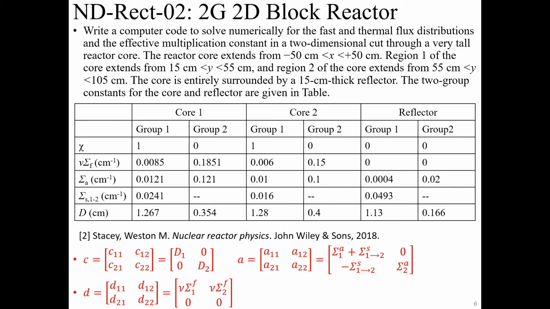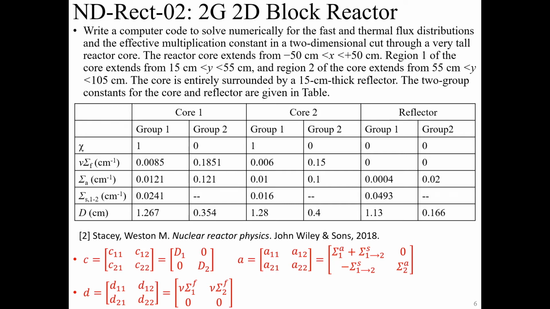Region 1 of the core extends from 15 centimeters to 55 centimeters along the y direction, and region 2 is from 55 centimeters to 105 centimeters. This is for the y. The core is then entirely surrounded by a 15 centimeter thick reflector.